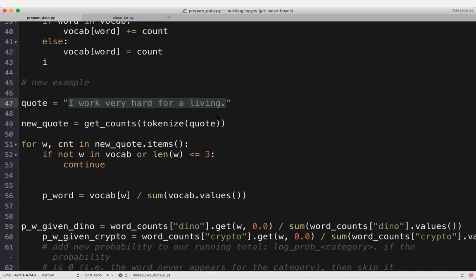Right, so they wrote a lot on, we have a bunch of documents that we've classified as Dino versus crypto, and how do we parse all of those documents and build a training set off of that. This one was a lot simpler because I was able to just write the cleaning code and the computing of the probabilities.